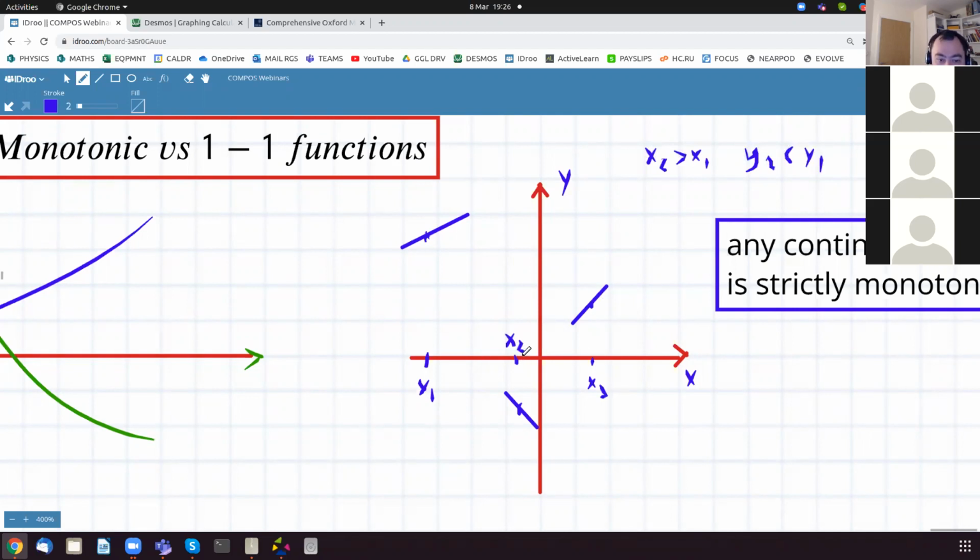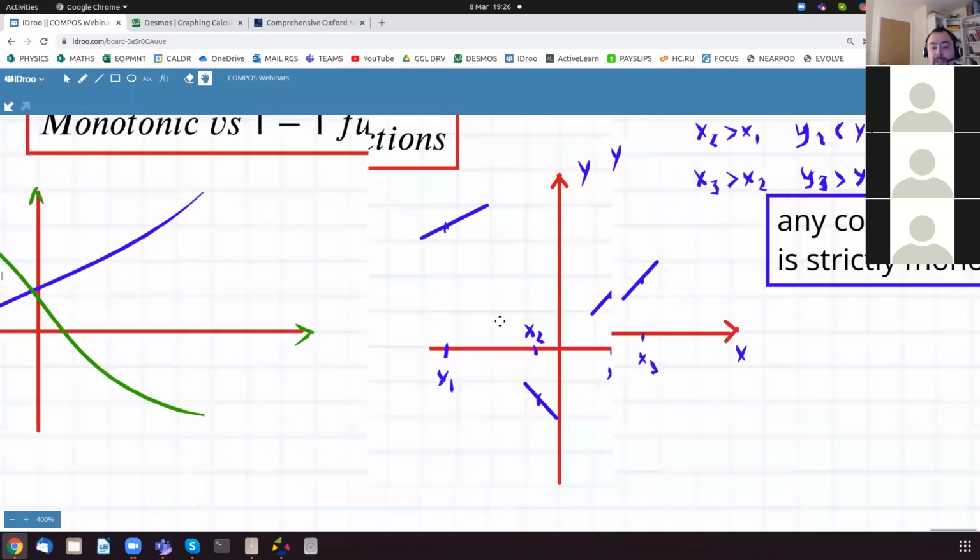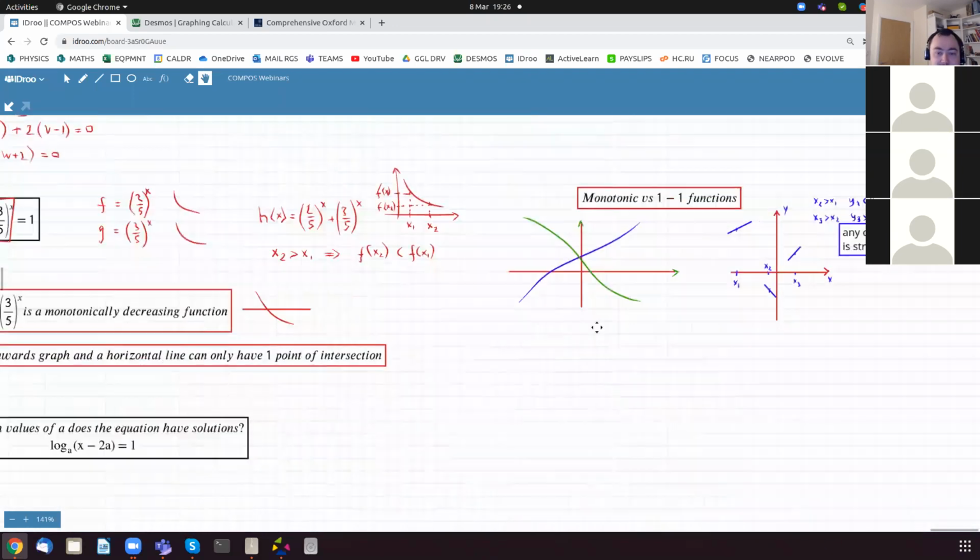But for this pair of values, x3 is greater than x2, and y3 is greater than y2. So it's not an increasing function and not a decreasing function. So it is not monotonic, but it is a piecewise function.